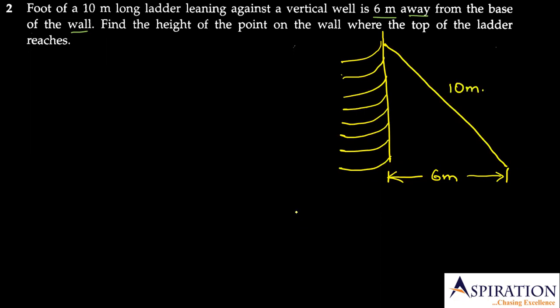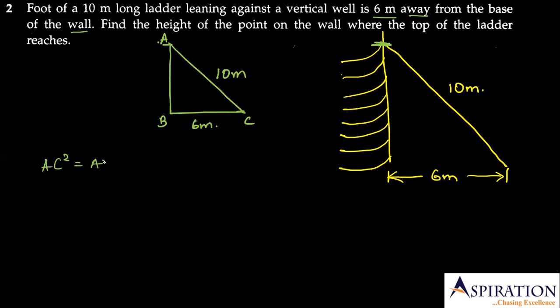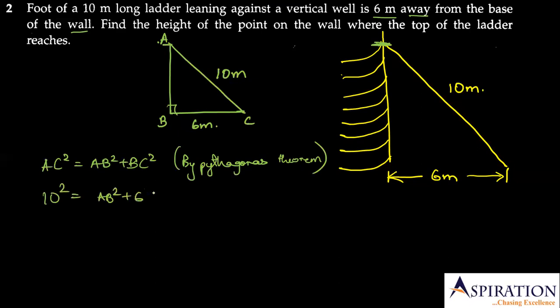This is 10 meters. Now if we look at the diagram, this is the image that you should be forming in your mind, but this should be the diagram that should be used for the solution. So you don't have to draw that, you need to draw the green one. We will make ABC. AC is my ladder, this is 10 meters in length and this is 6 meters in length. It is asking at what height it touches the wall. So AC square is equal to AB square plus BC square by Pythagoras theorem. So 10 square is equal to AB square plus 6 square.